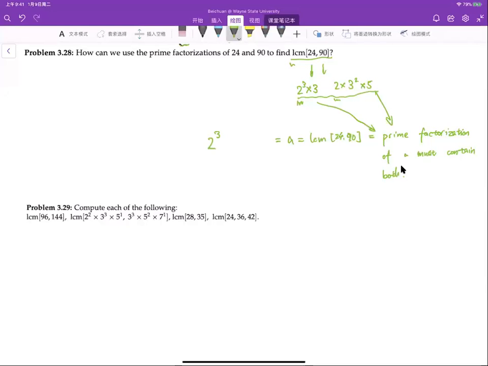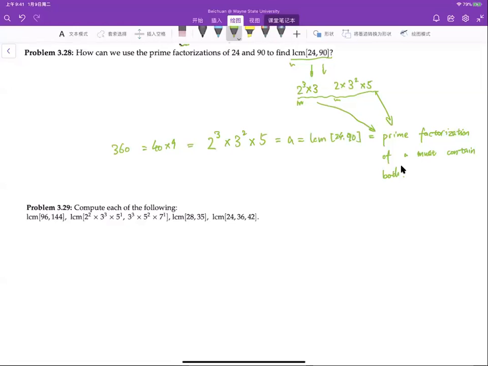Then there is 3 and 3 squared, and 3 squared is bigger, so times 3 squared. There is no 5 on the left, but there's one 5 on the right, so times 5. That equals 8 times 9 times 5, which equals 40 times 9. So it's 4 times 9 equals 36, and then put a 0 behind it.